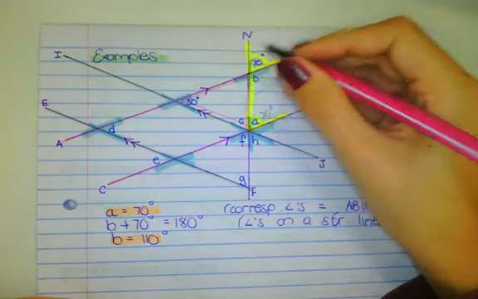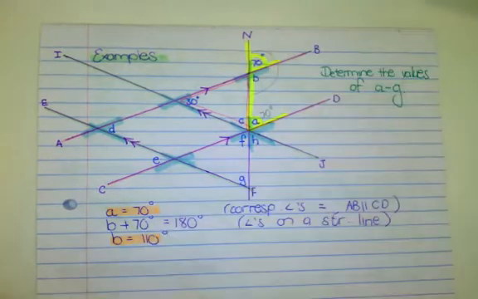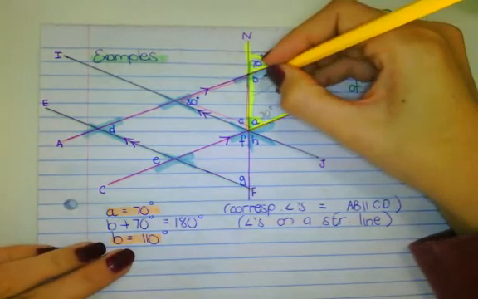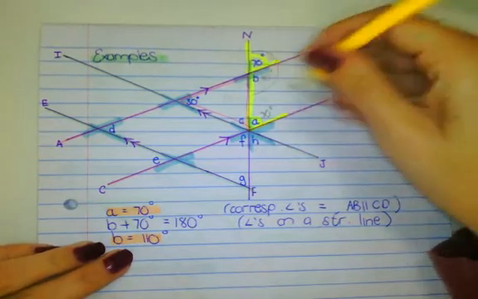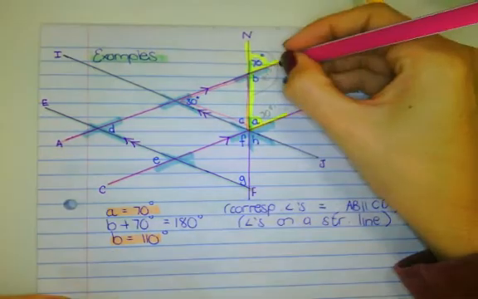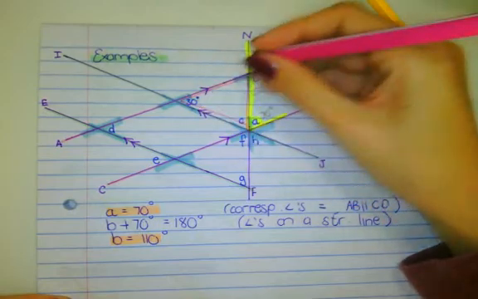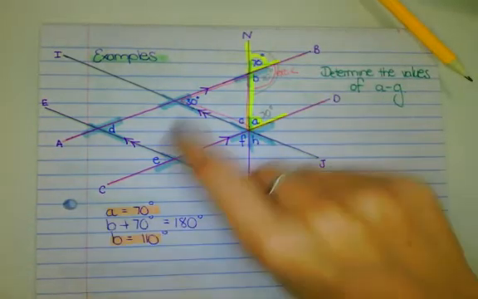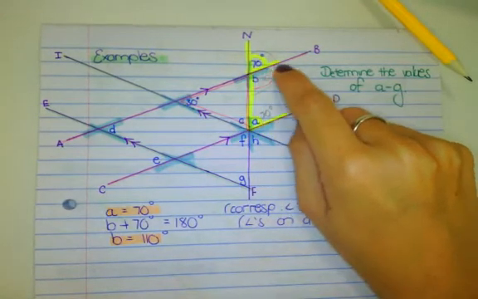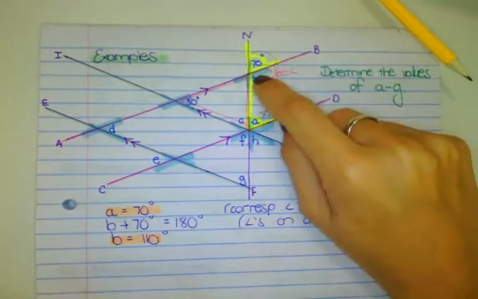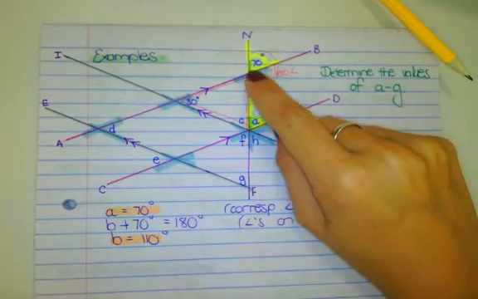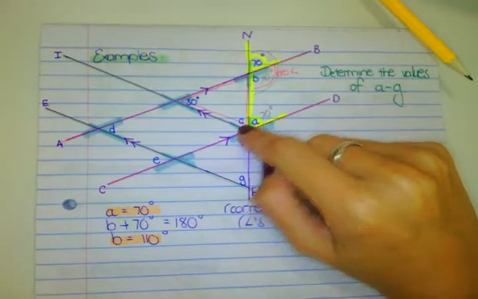We can also say that this B, which we now know is 110, is the exterior angle of this pink triangle, because we took this side and extended it, and B is the angle between the extended side and the adjacent side of the triangle.